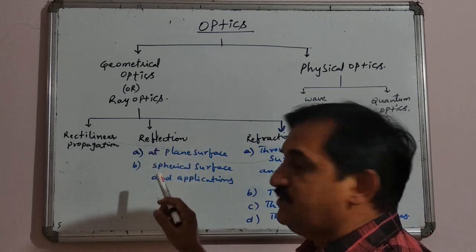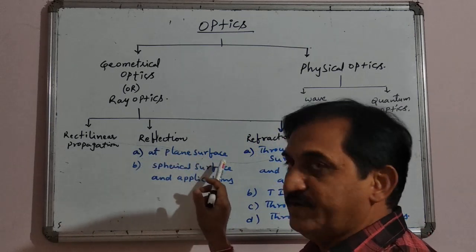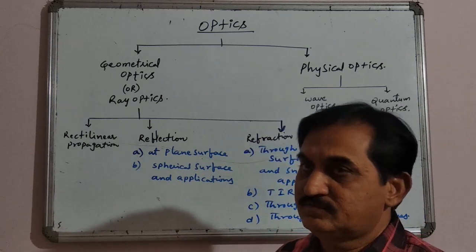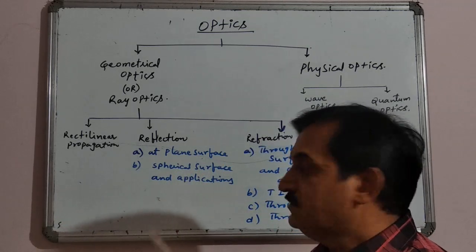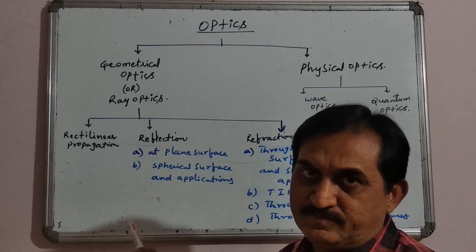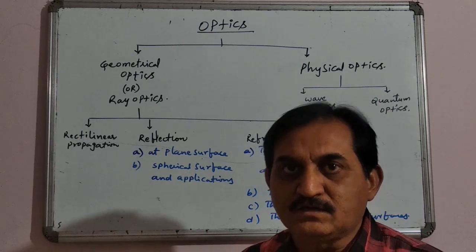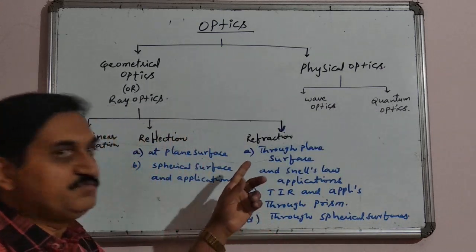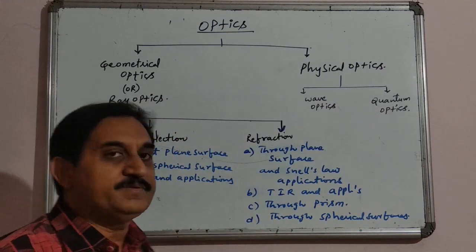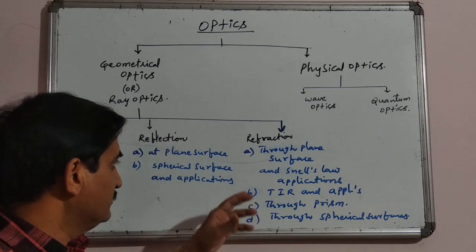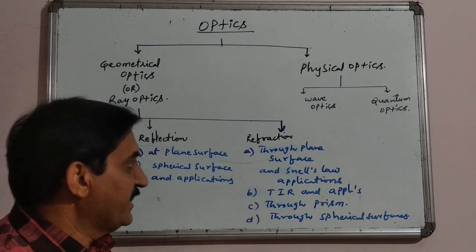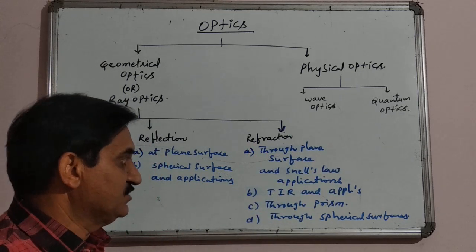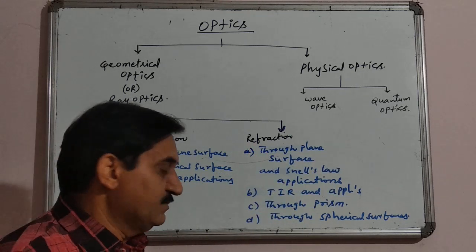In reflection, we have reflection at a plane surface and reflection at spherical surfaces, also known as spherical mirrors, concave mirror and convex mirror. Right? In the refraction part, we discuss how light refracts through a plane surface, its applications and Snell's law.